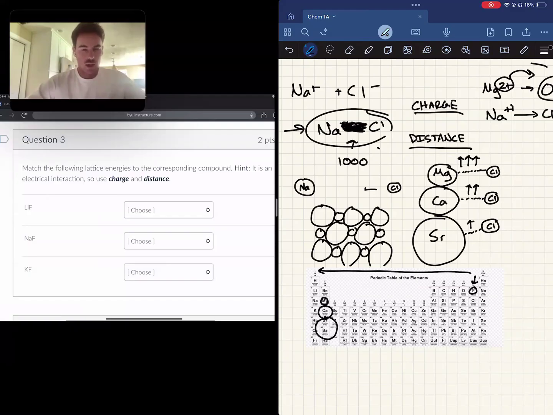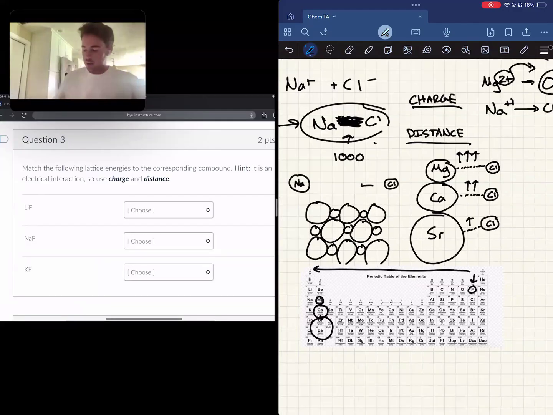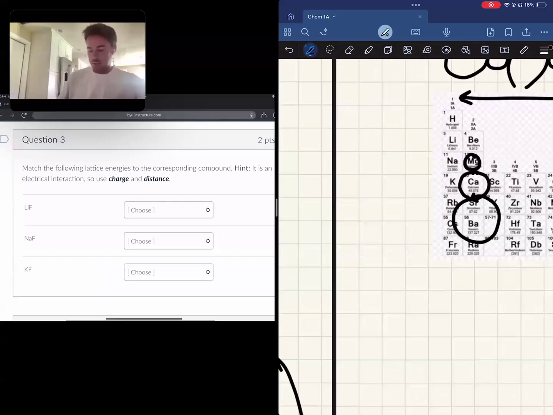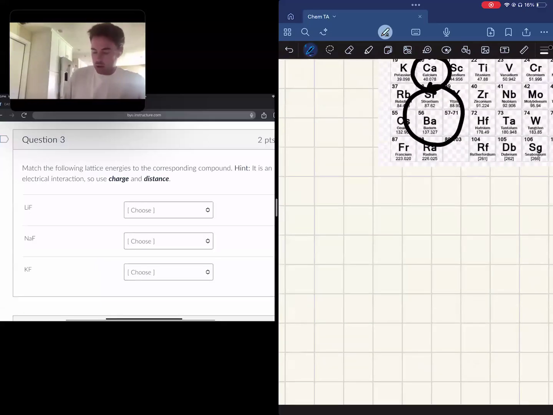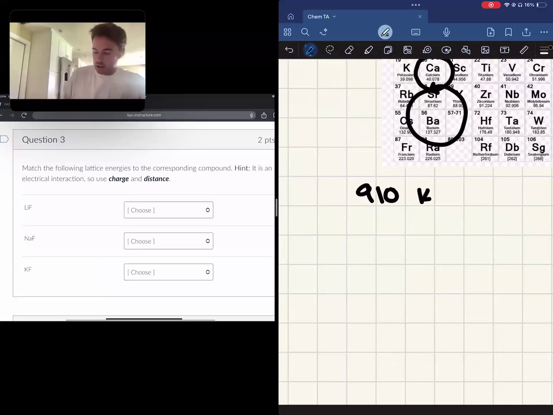Again, this is just on the practice quiz too. So, okay, here are the values that it gives you in the box. 910 kilojoules per mole. That's a lattice energy. 1030 kilojoules per mole.